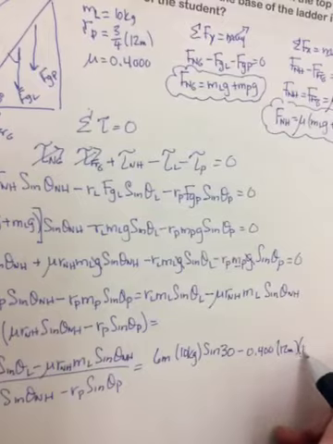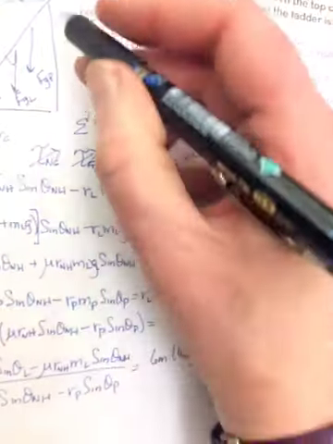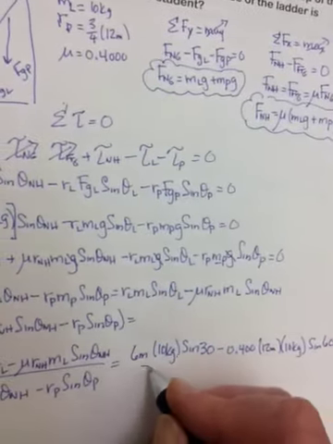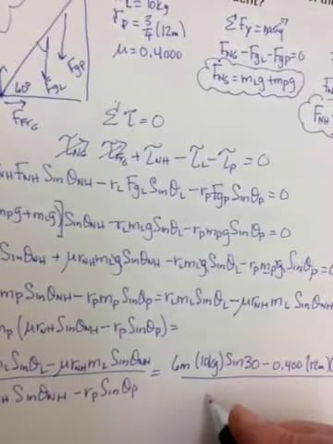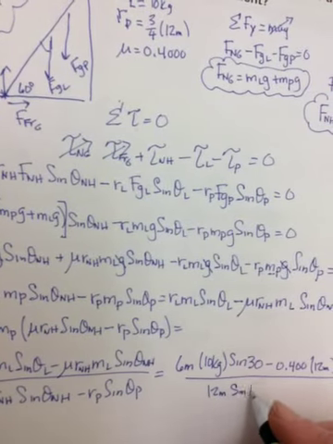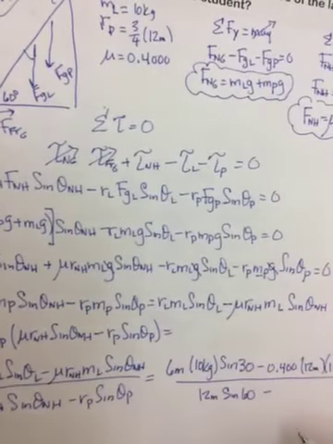M of the ladder was 10 kilograms, and this time it's angle for the normal of the house, the angle up here, so it's going to be 60, divided by R normal of the house, 12, angle normal of the house, sine of 60, minus R of the person, 3/4 of 12, going to run out of time.